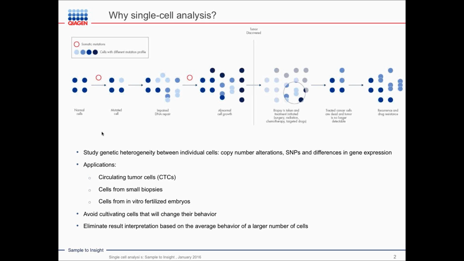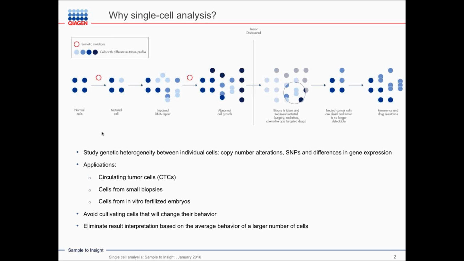Another reason that one might want to focus on single-cell analysis versus a bulk analysis is that you're able to take advantage of the fact that your sample DNA is so precious. You may not have large volumes of DNA. The types of samples that you might be working with might be circulating tumor cells, cells from small biopsies such as a fine needle aspirate, or cells from in vitro fertilized embryos at very early stages, in which case the amount of DNA material that you have is also very precious.